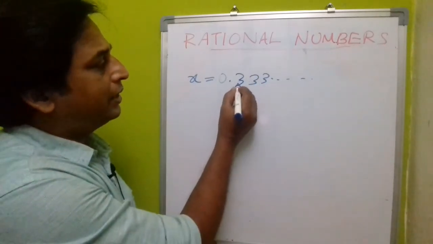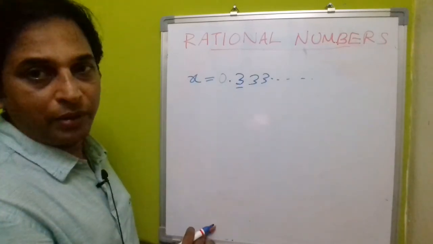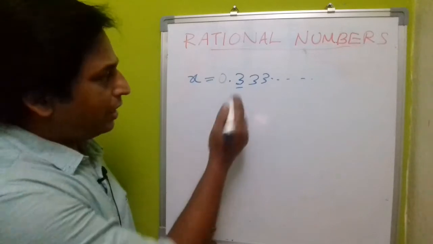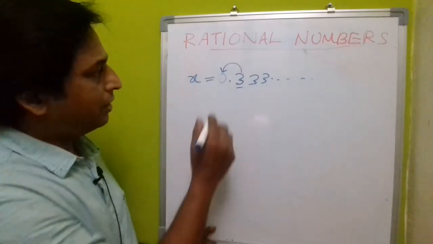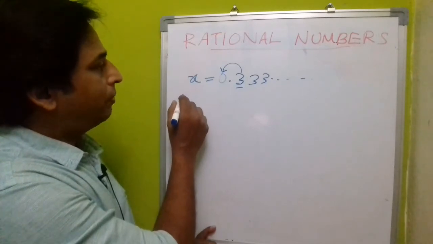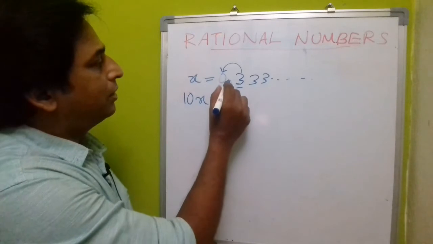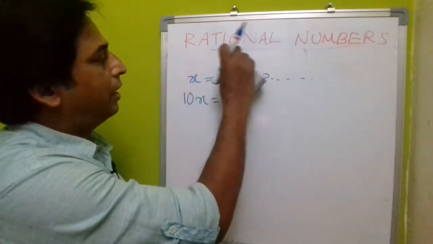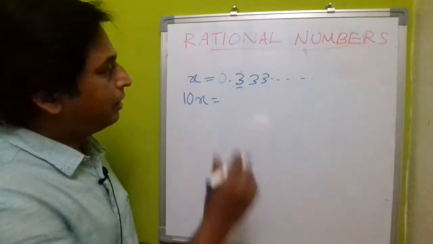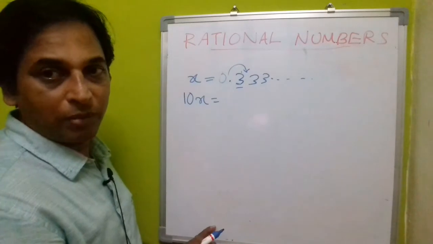You need to bring that repeating part, here it is only one digit that is being repeated, to the left side of the decimal. For that you will have to multiply this x by 10. If you are multiplying a decimal number by 10, the decimal will shift to the right one place.